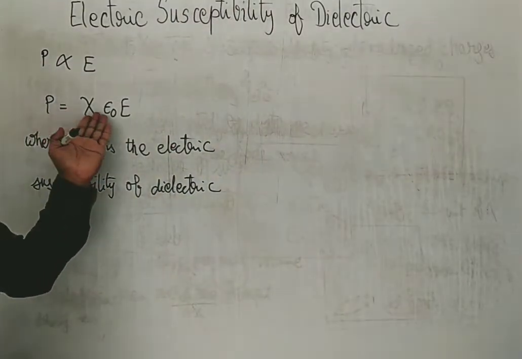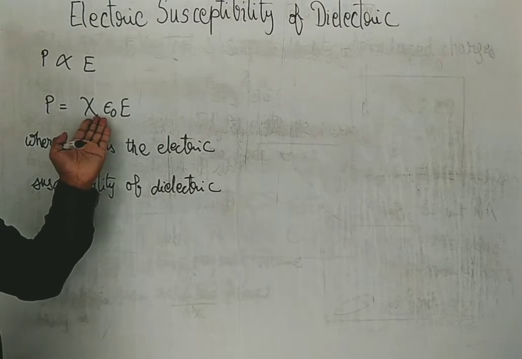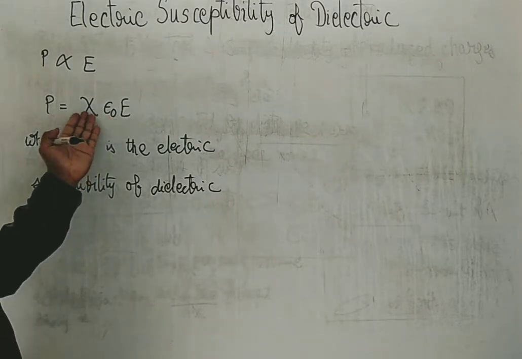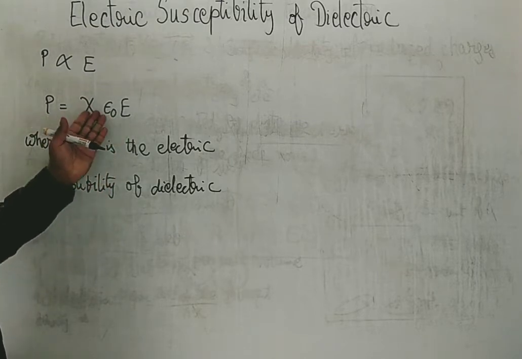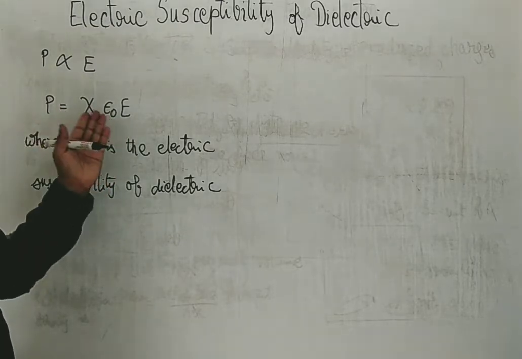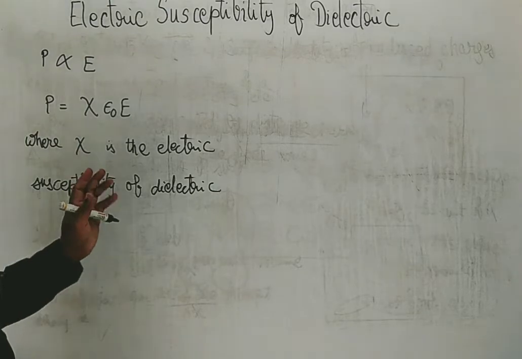Now here actually this epsilon naught multiplicative factor on the right hand side is only there to make the equation dimensionally correct.